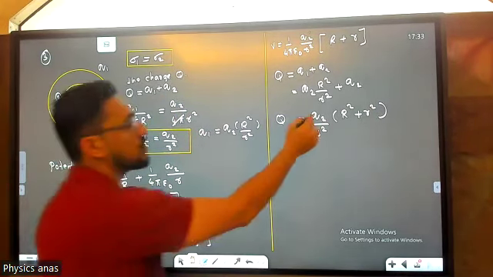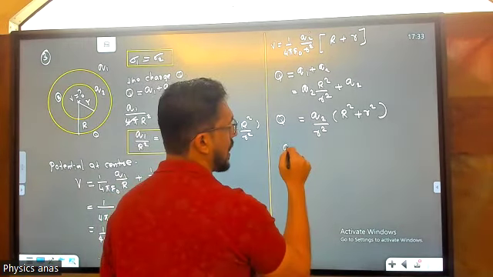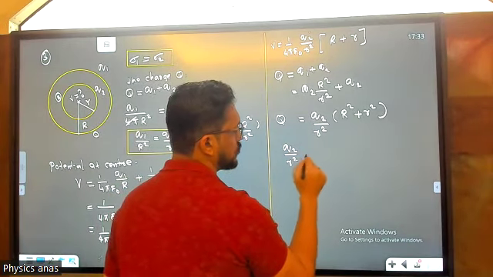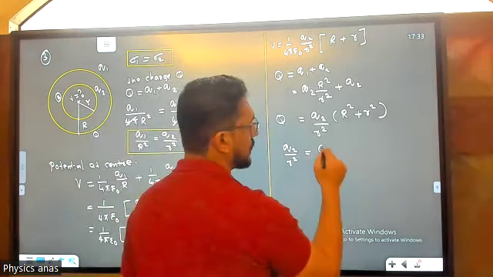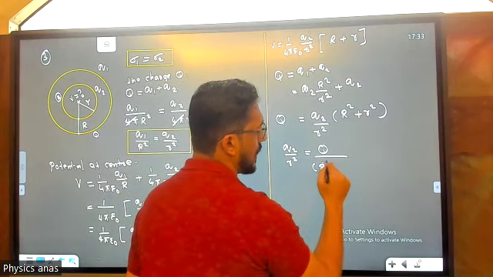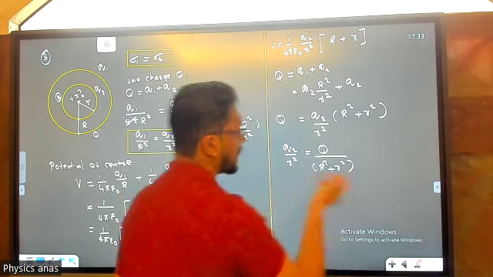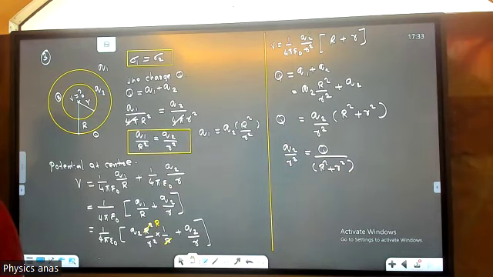So you have this Q2 by R square here. What is Q2 by R square? There is Q divided by R square plus small r square. Now you can substitute that value of Q2 by R square.